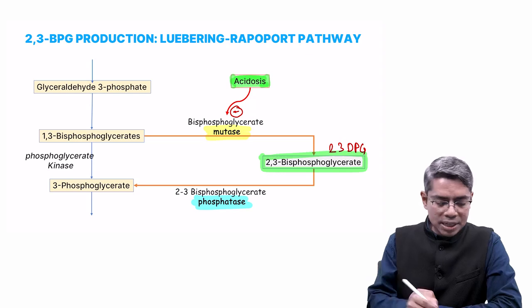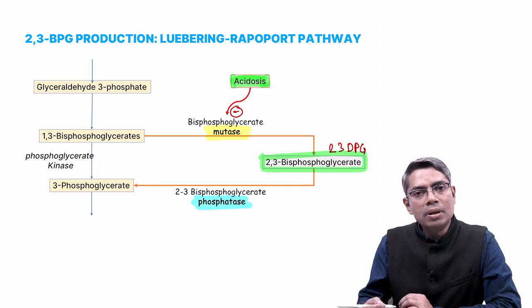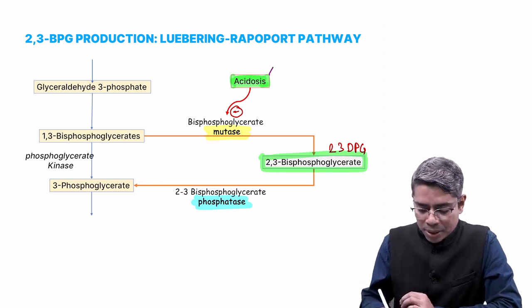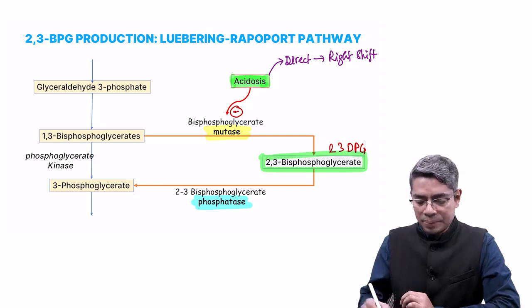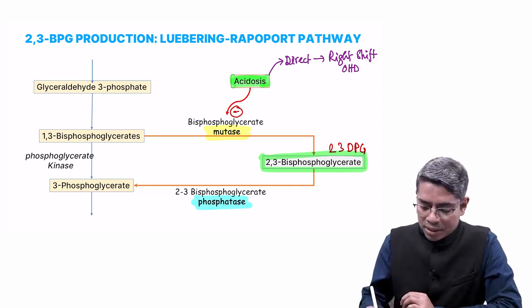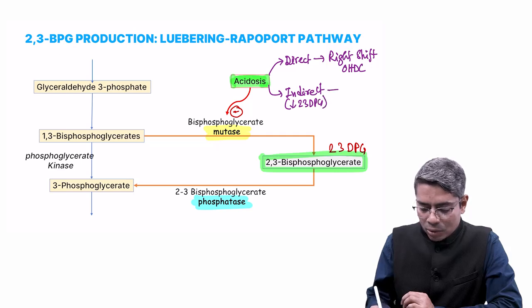But what we have already discussed so far is that acidosis is a cause of right shifting of the curve. So please remember that acidosis by direct effect causes right shifting of the OHDC curve. But by indirect effect, by reducing the 2,3-DPG content, it can also cause left shifting of the OHDC curve.